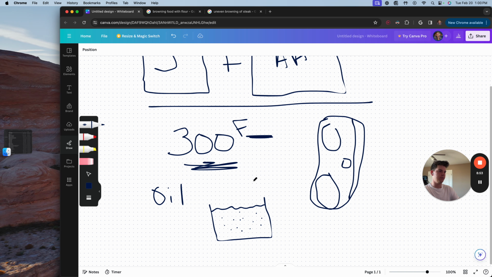Okay, so if this is the pan, and your steak is not as flat, your steak is maybe this shape. I don't know why, but maybe it's not all in contact with the surface of the pan. This is not good. Why?